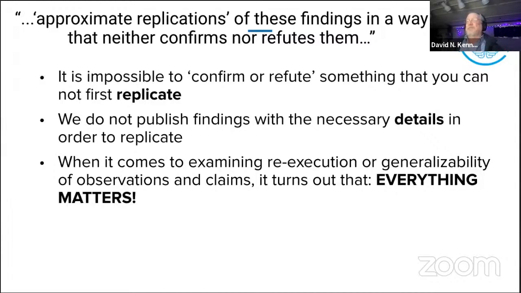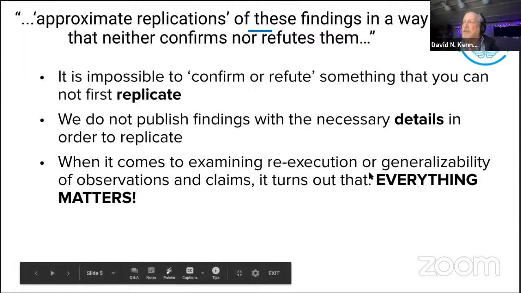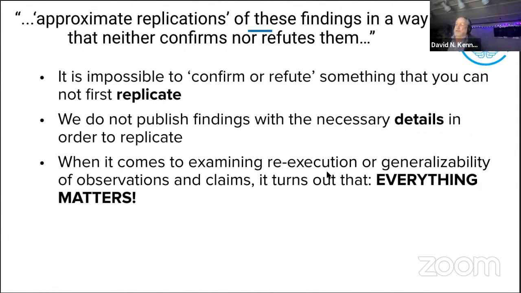So by the definition of words, we're really not providing all the necessary details in our general way of disseminating knowledge, the publication. So the third point here is that when it comes to examining either re-execution or the generalizability of an observation or a claim, it turns out that every single decision that we make, every choice, everything we do matters in terms of that output result.